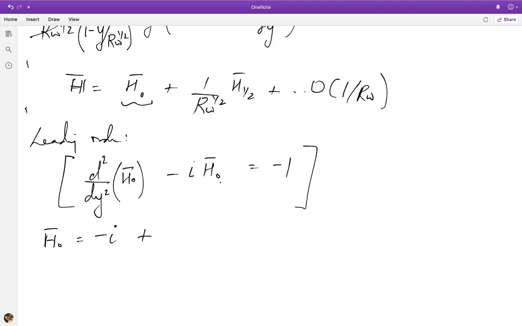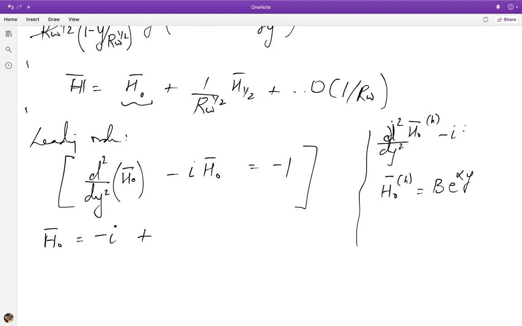The solution to that generally can be obtained by looking for a form. So the h bar naught, let's say homogeneous, I can assume it to have the form some constant e to the power alpha y. If I substitute in the equation, this is equal to 0.